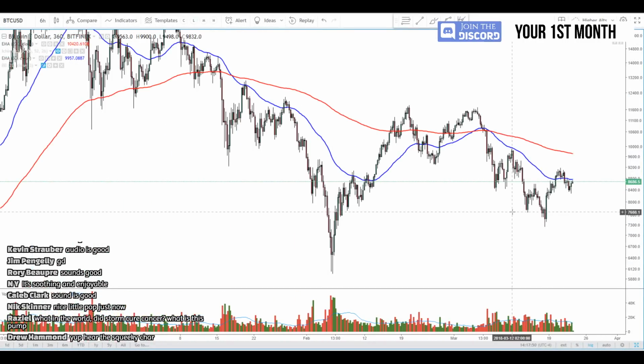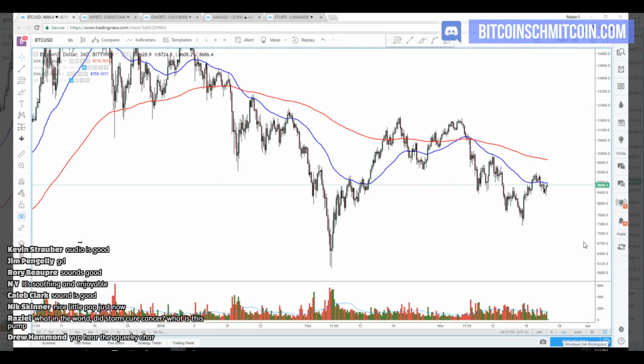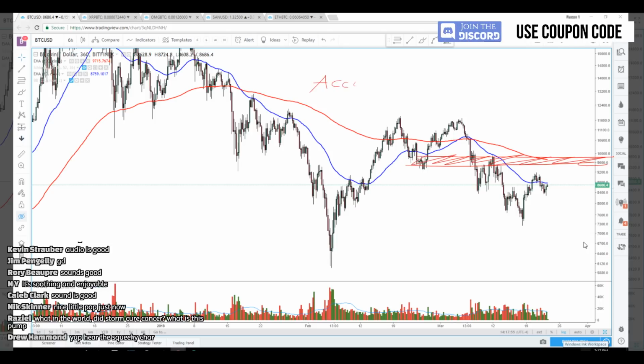Well, it leads us to lean slightly less toward the accumulation phase that I outlined in the last stream. So if you watched the last stream, we were here-ish, and I was saying we're going to bounce a little bit, and I was actually expecting to see the price move up to this level for it to be an accumulation.